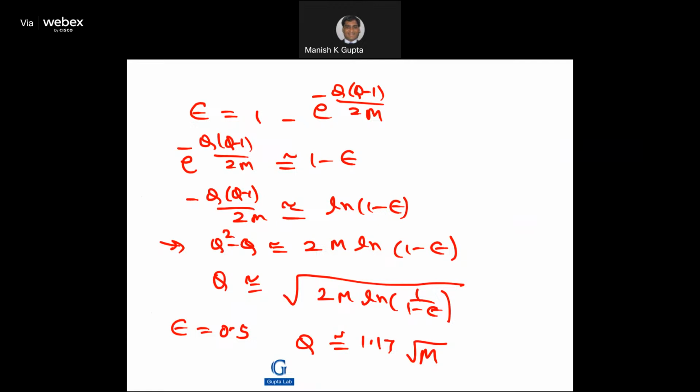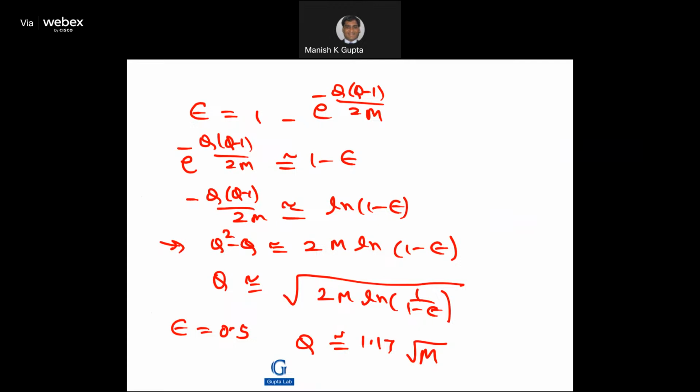After some simplifications, it turns out that q square minus q is equivalent to 2m times log of 1 over (1 minus epsilon). Now again, ignoring the q term, q is approximately the square root of the whole thing, right? So now we have a rough approximation.